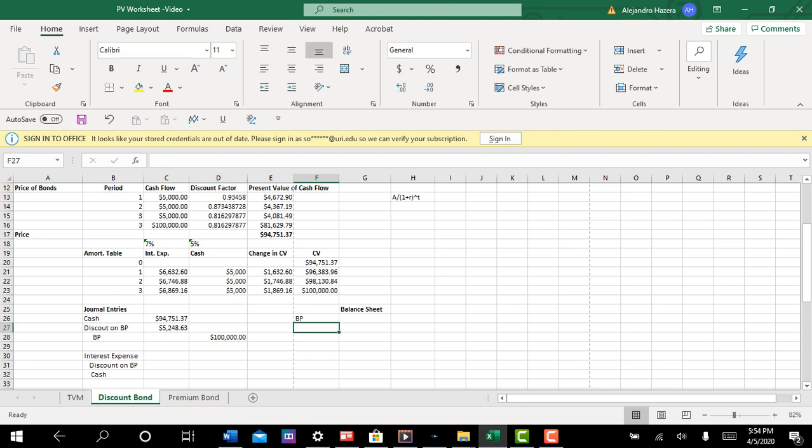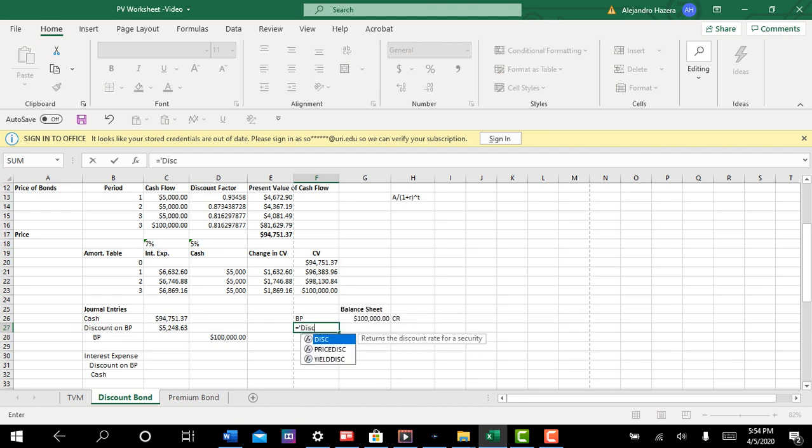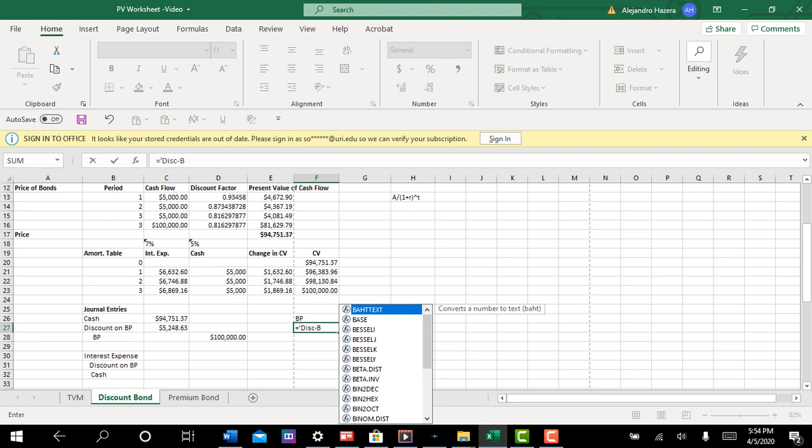I'm going to derive this from the journal entries. That comes from that credit right there. So you're going to have bond payable for 100,000. That's that amount right there. Notice that's a credit. There it is, a credit right there. Then we're going to have minus discount. And I'm just going to put discount bond payable.